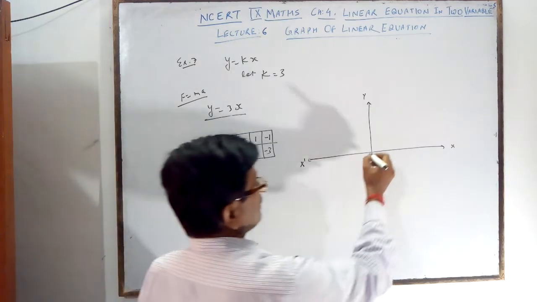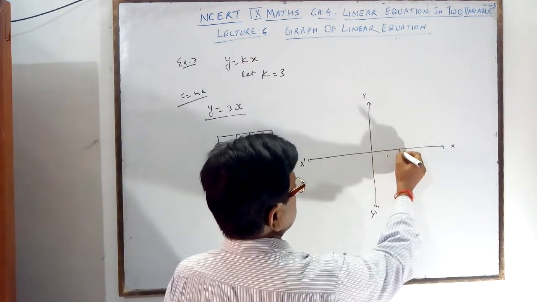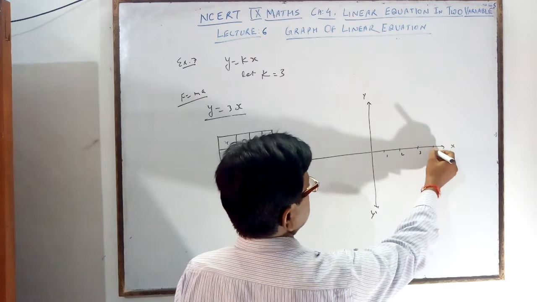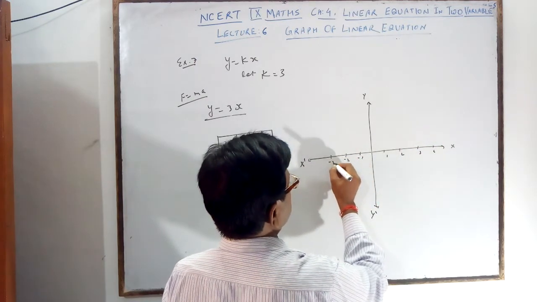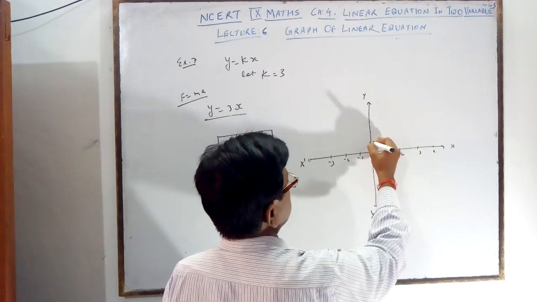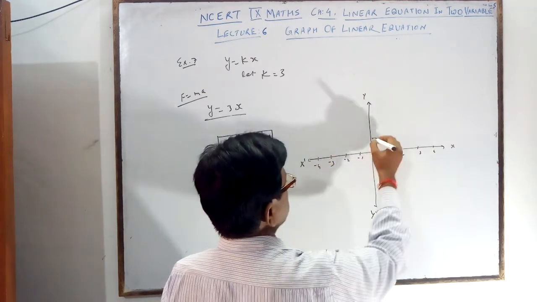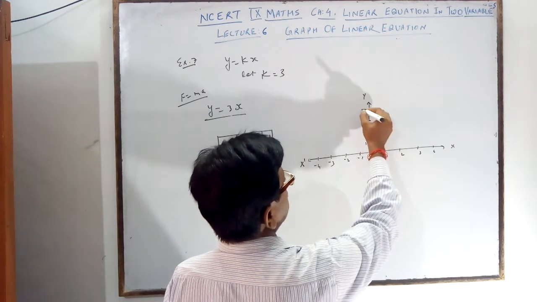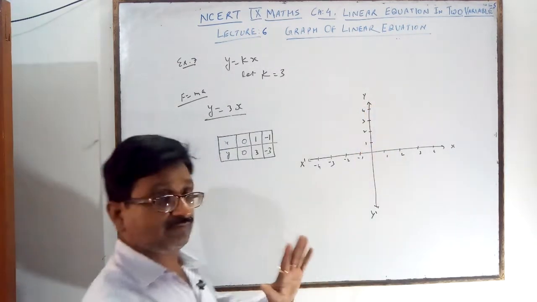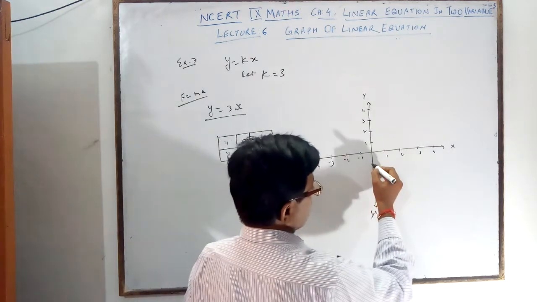So that is given 1, 2, 3, 4, minus 1, minus 2, minus 3, then minus 4. How will you plot this? That you know in graph coordinate geometry.